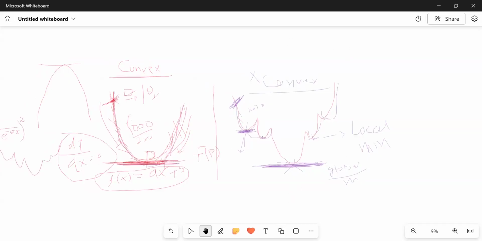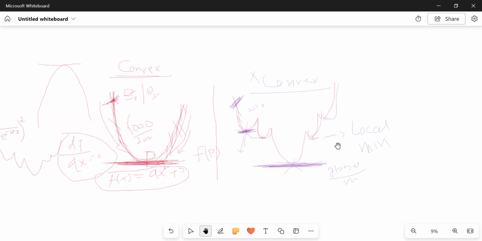In order to show you why we don't use MSE in the case of logistic regression, this is the statement I'm making, you can make a note.